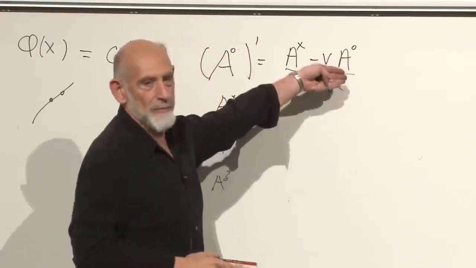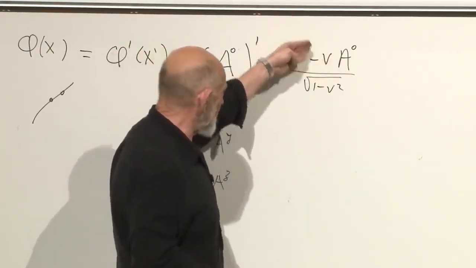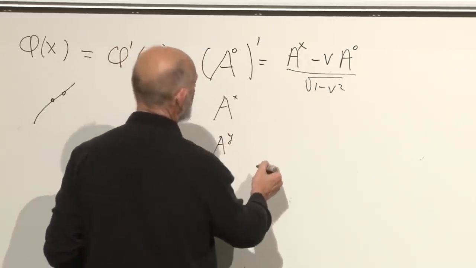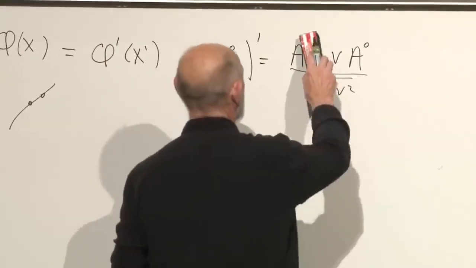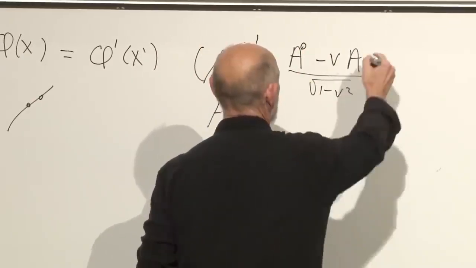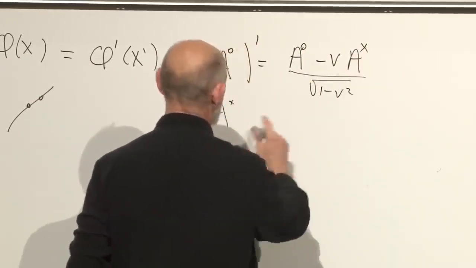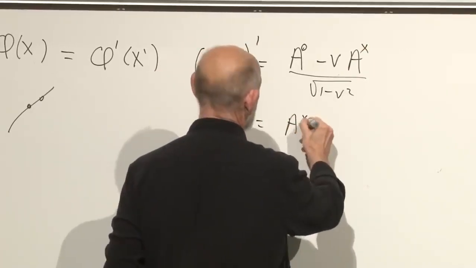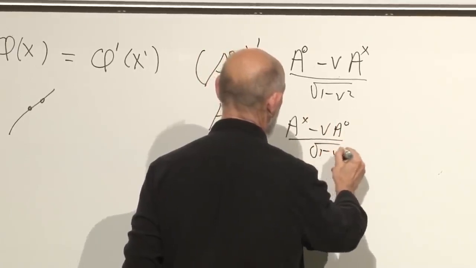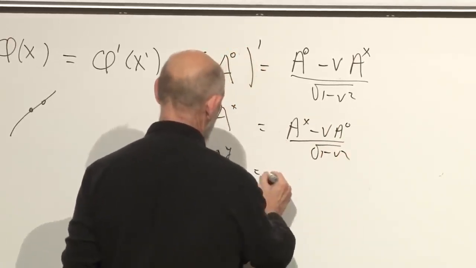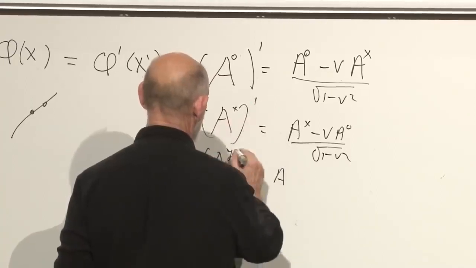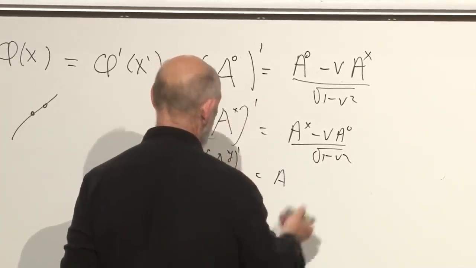Notice a naught is the same thing as the time component. What about this one? Did I write that correctly? No, I did not. A x prime is a x minus v a naught over square root of 1 minus v squared. This is the primed variable.